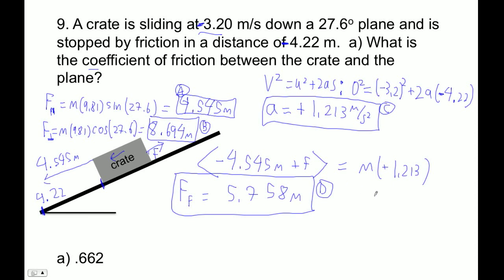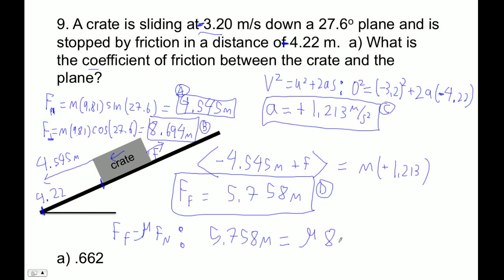Okay, so now we want to find the coefficient of friction. And the coefficient of friction, we're going to use this formula here, right? Force of friction is mu times normal force, right? Okay, so here's our force of friction, 5.758 m equals mu times the perpendicular force, right?